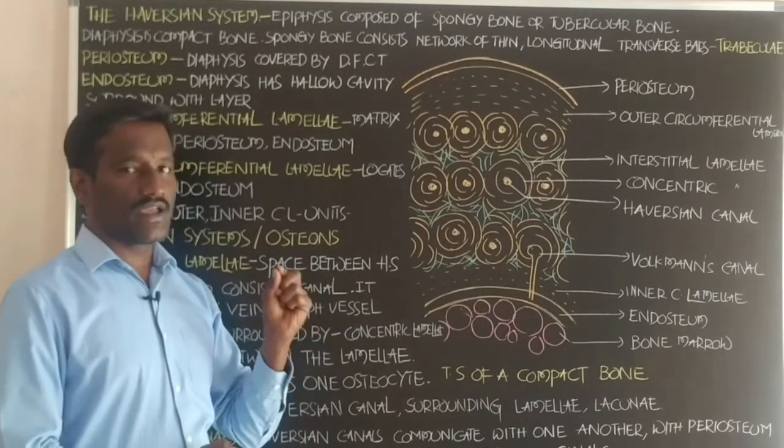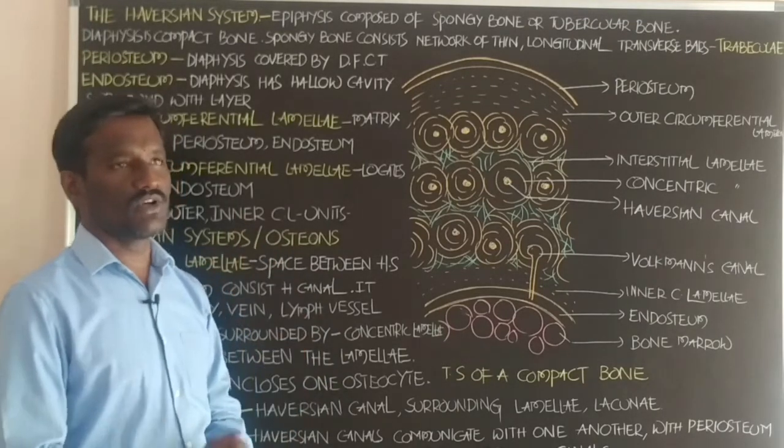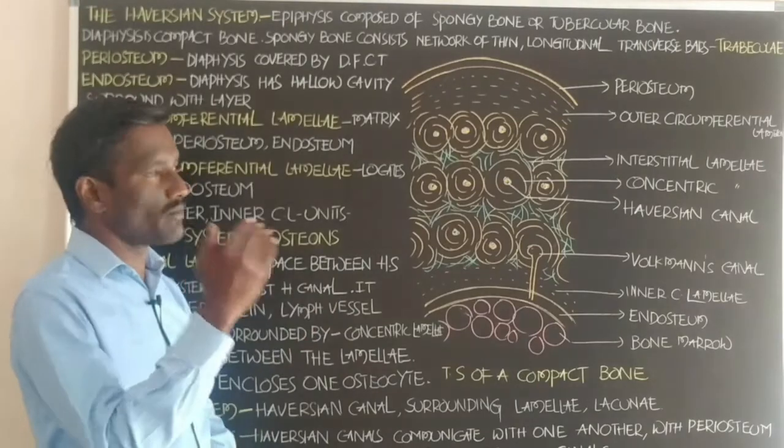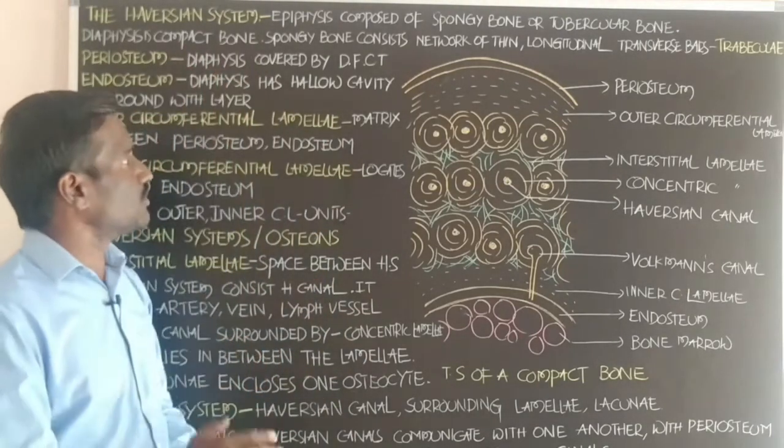Hence, bone consists of two parts: spongy bone, or trabecular bone, and compact bone.